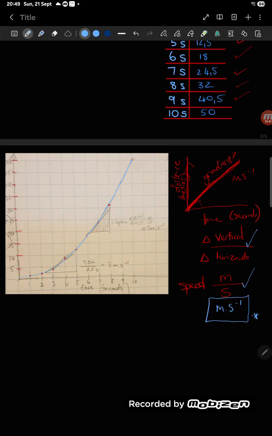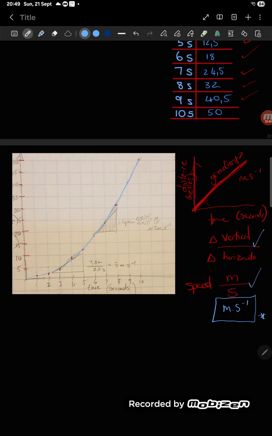Because after speed, what if I map this speed, and I say, well, let's take a tangent or a gradient of this. But can I take the gradient of a parabola? No, because it's different at every single point. Can you see the gradient is gentler, gentler, gentler, and it's almost zero here.